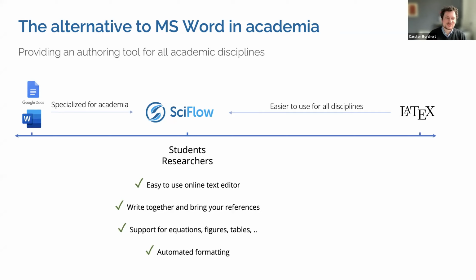But in reality there's also some interdisciplinary work where Word users and LaTeX users need to work together. Before SciFlow, often the common ground was Word, and now with SciFlow, there's a real alternative also for the LaTeX users, because we have equations in LaTeX and automatic formatting, which they usually really like.